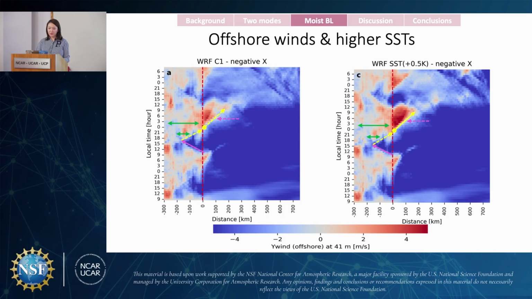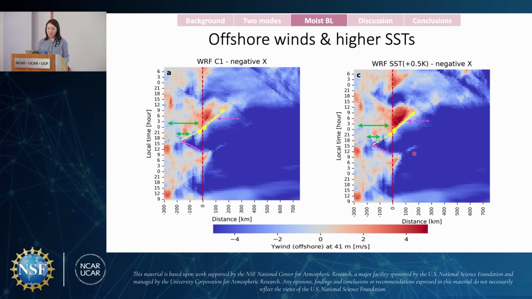The left panel is the control run, and the right panel is the higher SST experiment. During the daytime, the two runs look very similar. We see that the sea breeze colored in blue starting around 10 a.m. and moving inland, and then a sharp reversal once it meets the first mode pushed by the cold pool there.